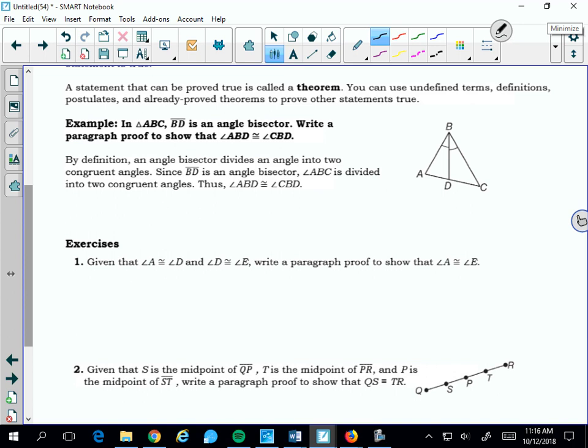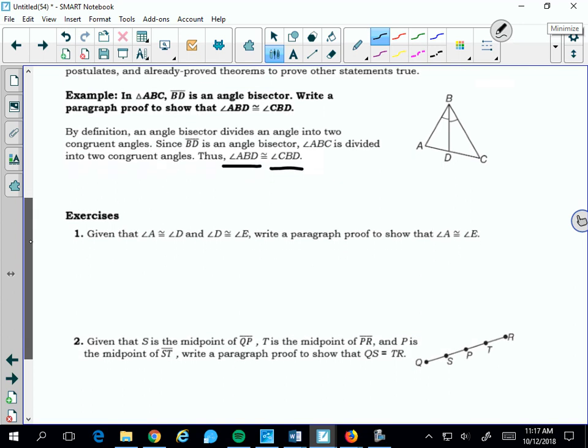Since BD is an angle bisector, ABC is divided into two congruent angles. Thus, this is equal to this. That is a very wordy little way of putting it. And again, kind of like with our triangle proofs, there's not necessarily one specific way to do these. As long as you are saying things that logically make sense, that are mathematically sound, you're good.